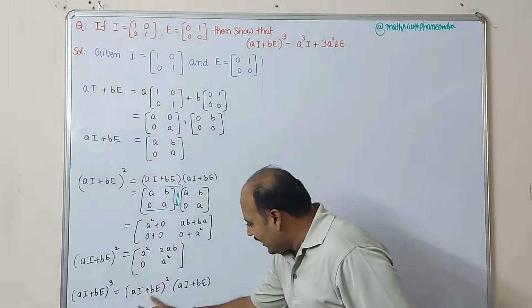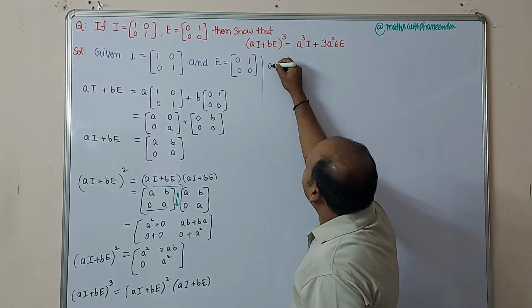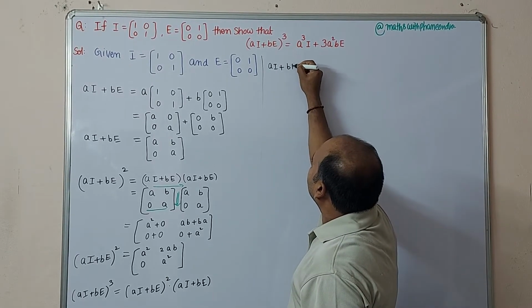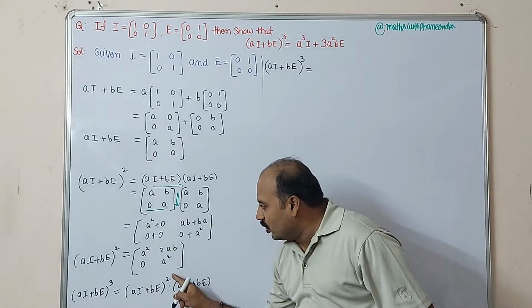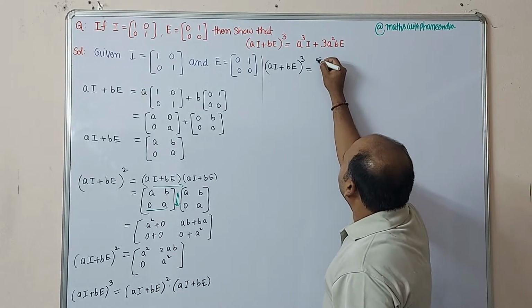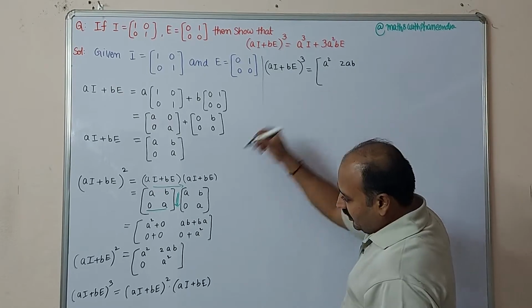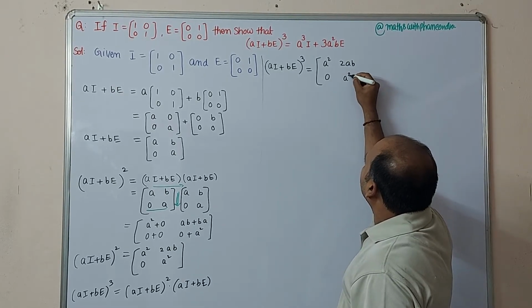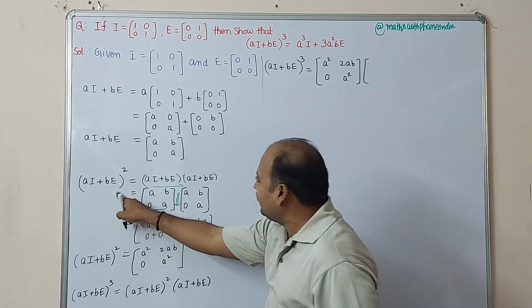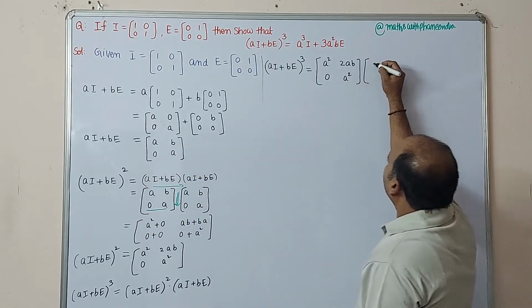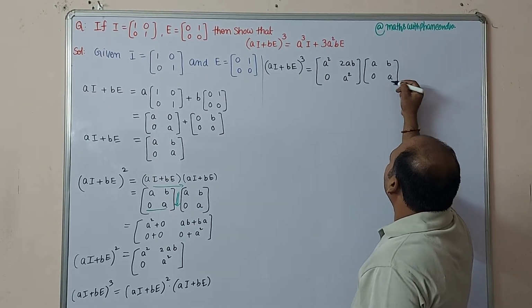After that, this value and this value, it is difficult to write here, so we can write it here. So (aI + bE) whole cube is equal to the value of (aI + bE) whole square, which is this one, so we can write it as [[a square, 2ab], [0, a square]] into the value of aI plus bE, which is this one only, no? [[a, b], [0, a]].